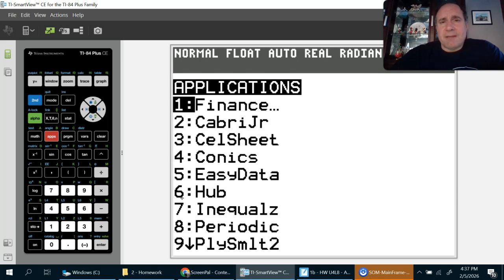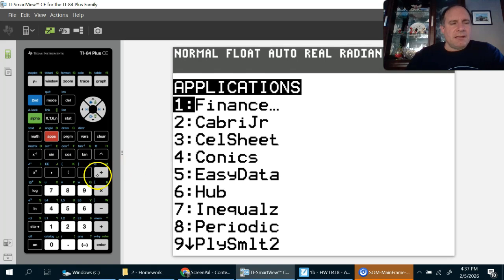Because if the Inequalz app is not there, there are other ways to do it, but this is like the best way, where it shows you the dotted line pretty clear, and it's just much better that you have all of that in your calculator to help you out during a test or anything like that.